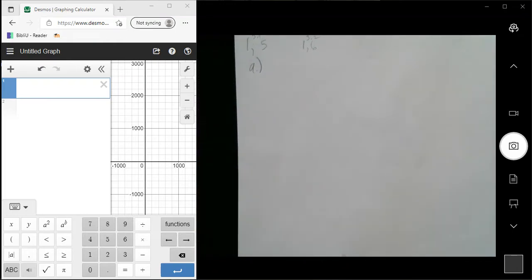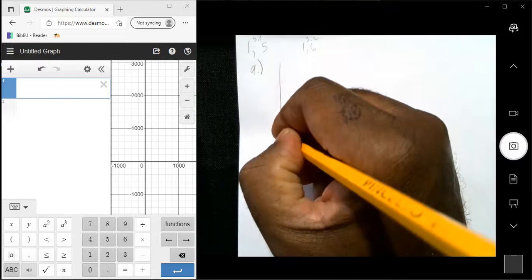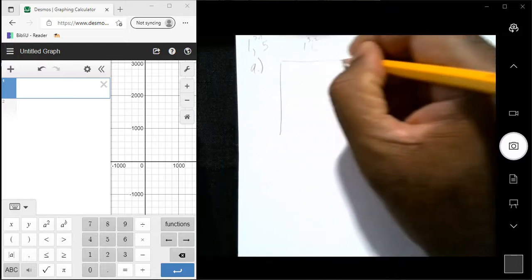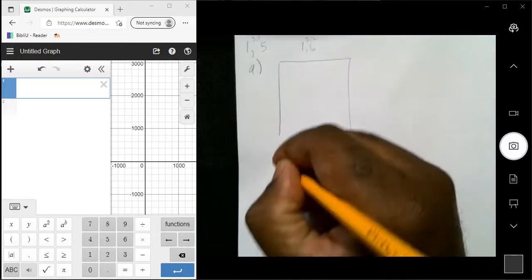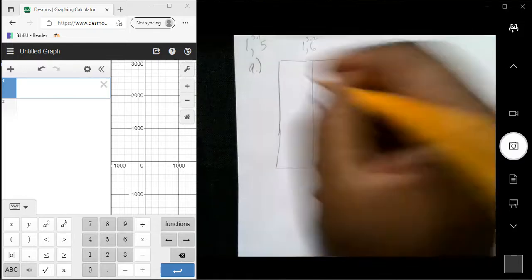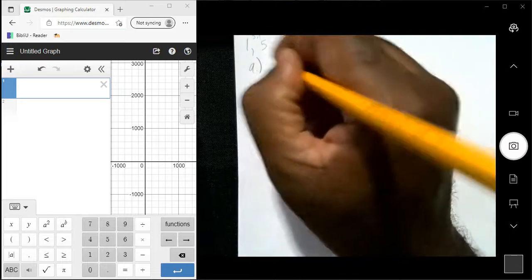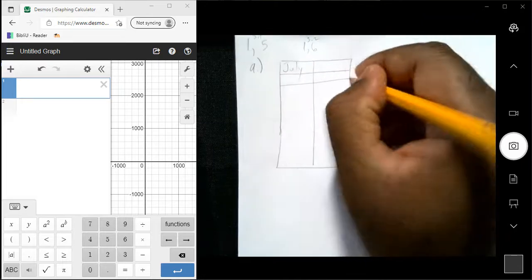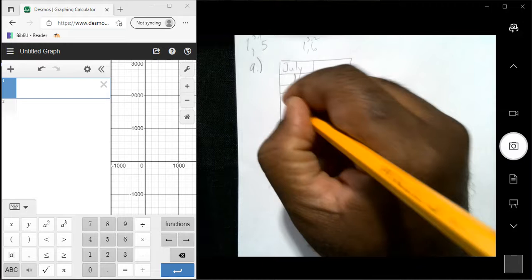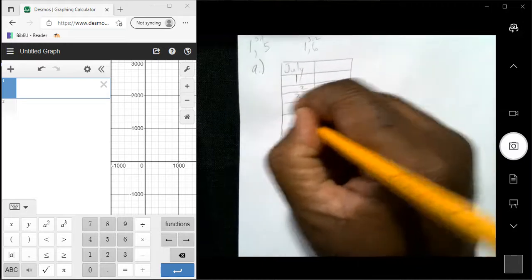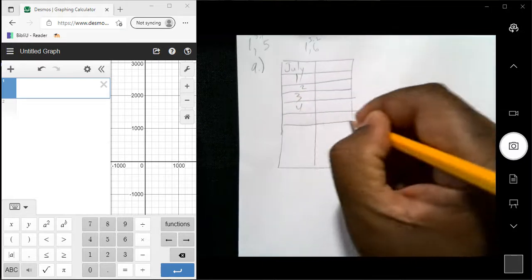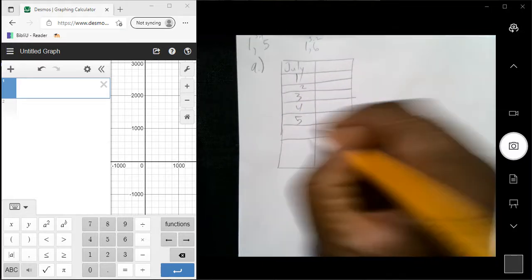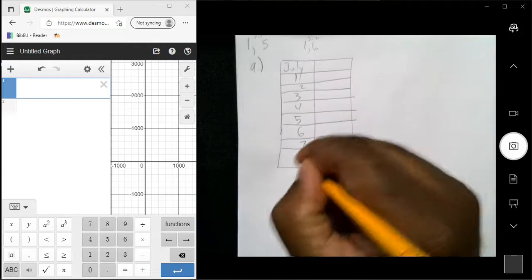All right, so our table only goes from July 1st to July 8th. I just put July. We know it's days in July. So it's 1, 2, 3, 4, 5, 6, 7, and 8.